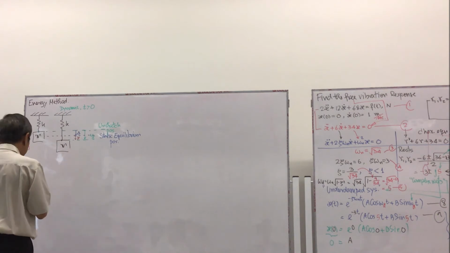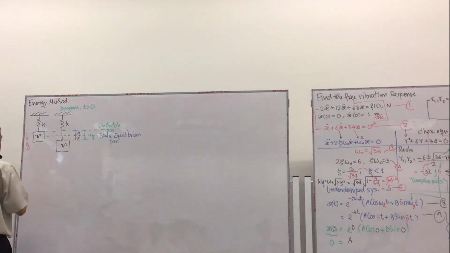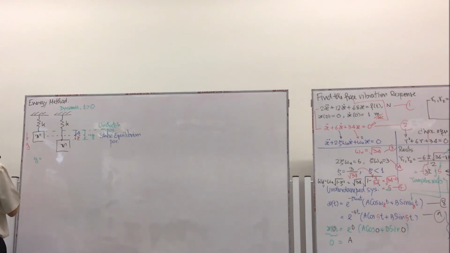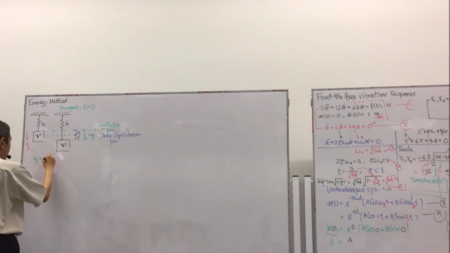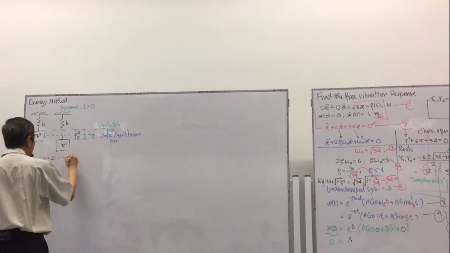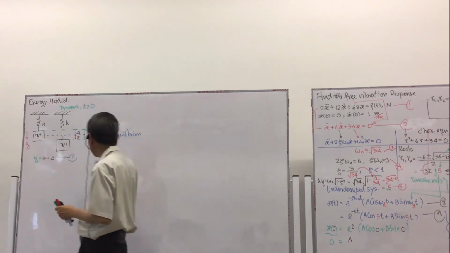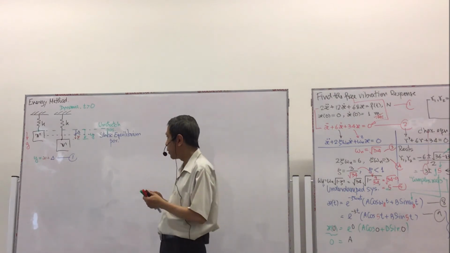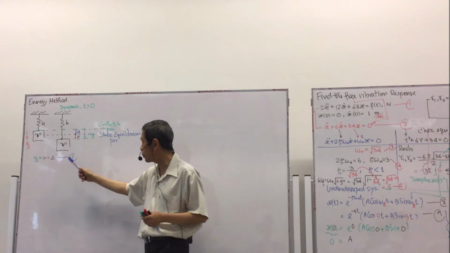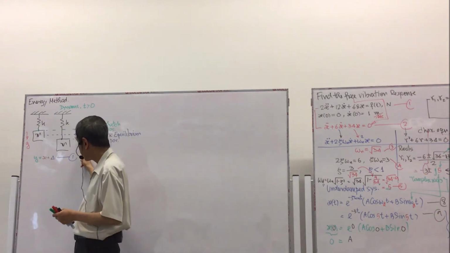The first thing is the relation y equals x plus delta. This is the relation between the two coordinates: y with respect to the unstretched position, and x with respect to the static equilibrium.